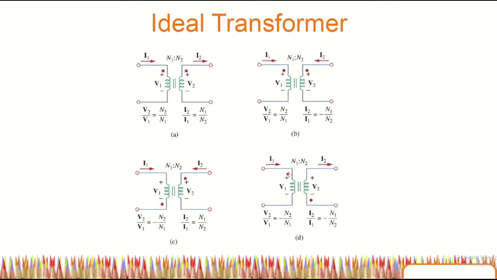However, the terminal is opposite, so both will be negative. So we have to look at the dotted terminal, and if there is a question in a test or final exam, please refer to this figure first, look at the dotted terminal and also the current flow, and use the correct formula given.